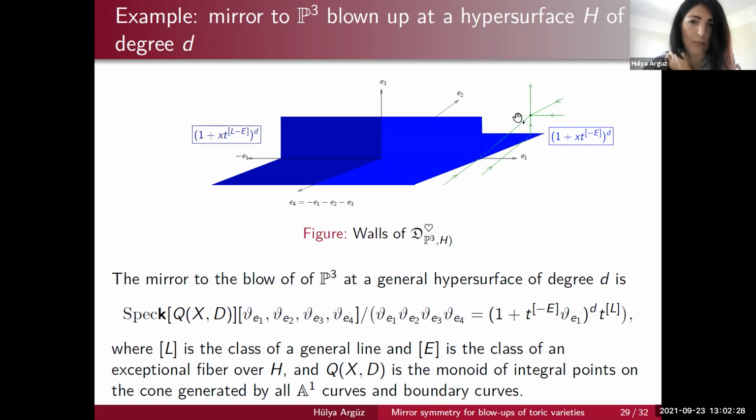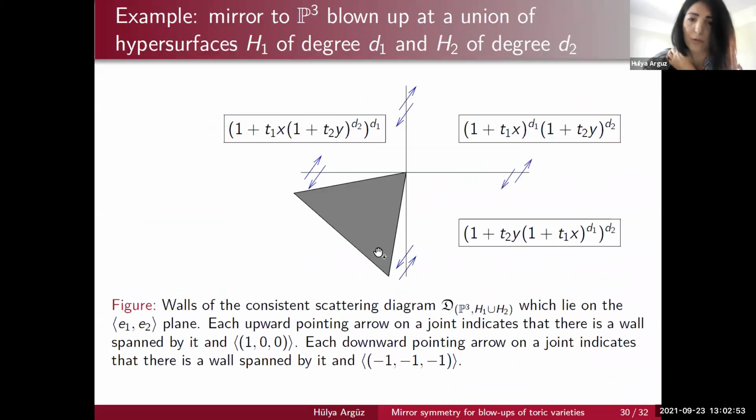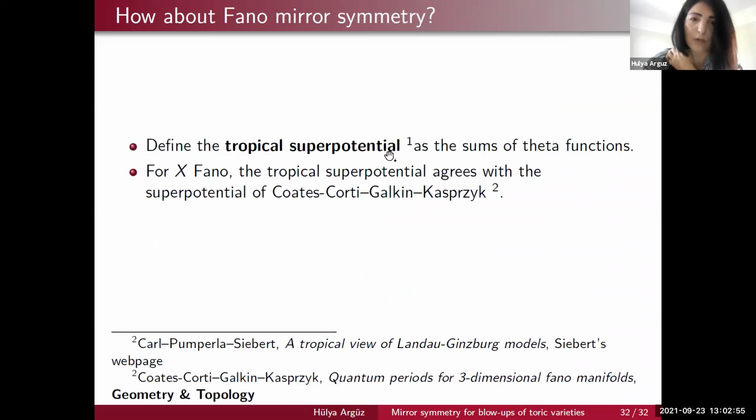Not all local log Calabi-Yau pairs where you blow up disjoint unions of hypersurfaces are toric, but I verified that in all cases, such situations are toric. Like if you blow up a line here and a line here, or if you blow up a line here and a conic here, then we observed, actually, this was one of the first observations we had while we wrote this project, that the tropical superpotential agrees with the Coates-Corti-Galkin-Kasprzak superpotential.